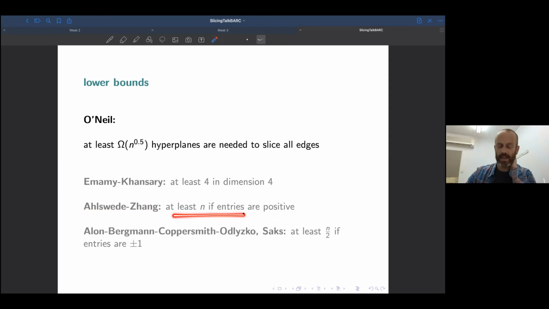This specific statement is not hard to prove. I can explain it later if you wish. And a third type of lower bound was known if all the entries in the normal vectors are either +1 or -1. In this case, we also need a linear number of hyperplanes. So this is the summary of what is known about this problem.